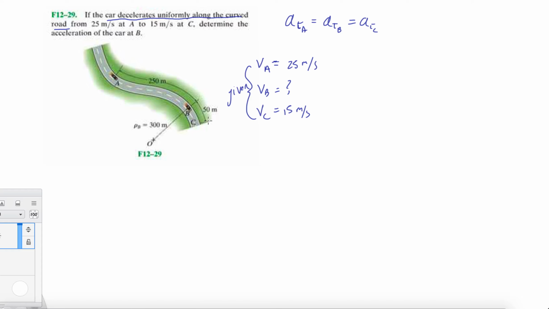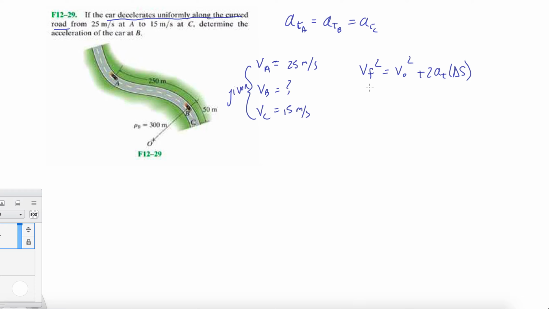Because we have some distance, a displacement between 2 points, and a couple of velocities, my mind went straight to: what's my final velocity, what's my initial velocity, plus some acceleration times your delta s.